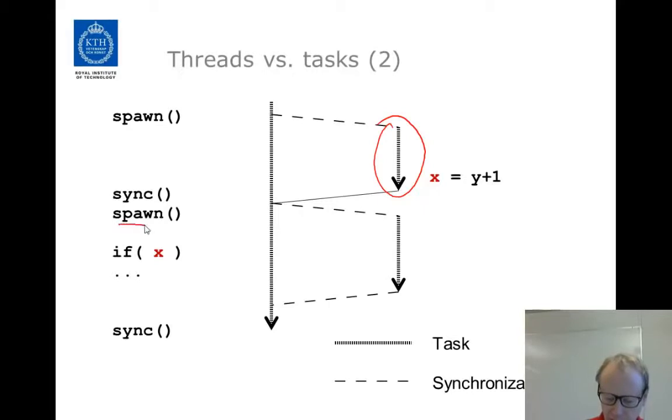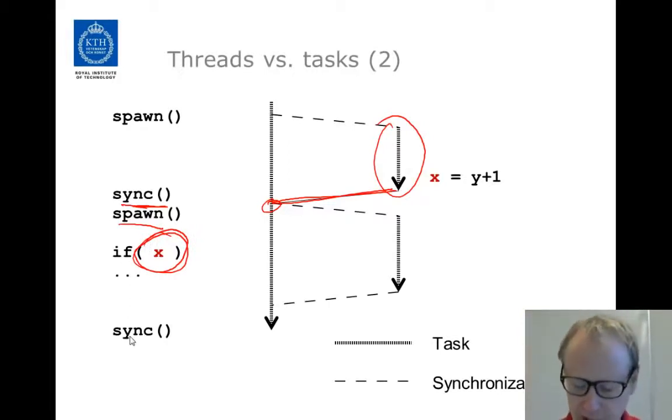It's joined here by the sync, and since you have a causal relationship, that you have to wait for the previously spawned task, you know that x is available here, and you don't need extra synchronization primitives. So in theory, you really don't need more synchronization primitives than the spawn and the sync, although this is just in theory.